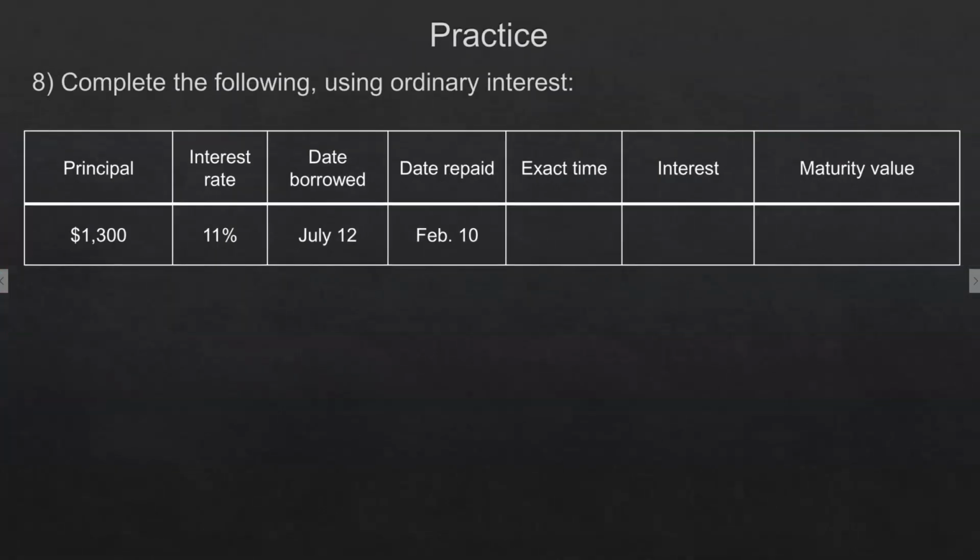Okay, here's another practice problem. So the information's in a table this time instead of a word problem format. It's really doing this the same way. And let's use 2020 on our date to 2021. I'm doing that just to give you the year to use, so it won't be confusing.